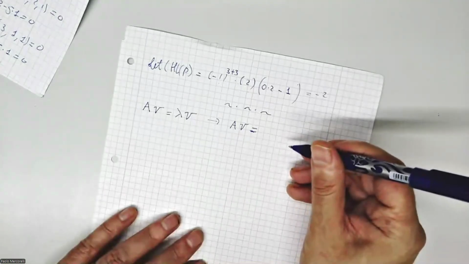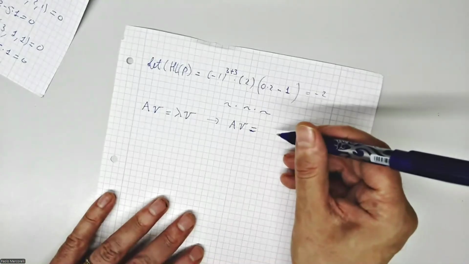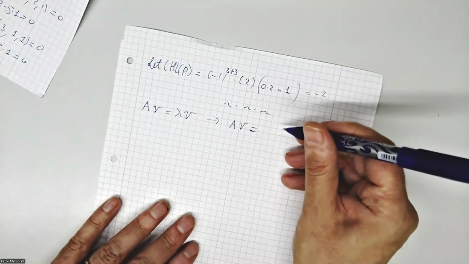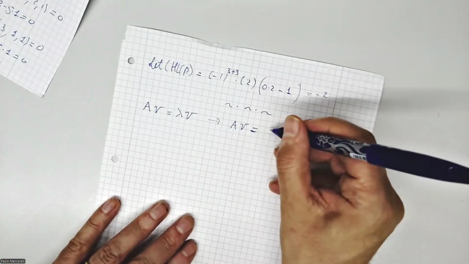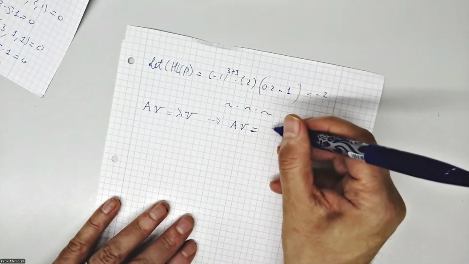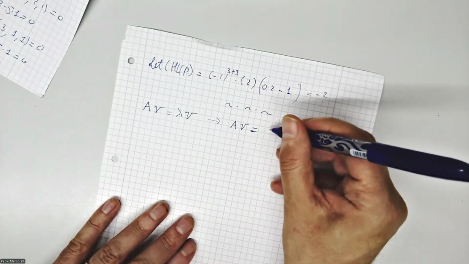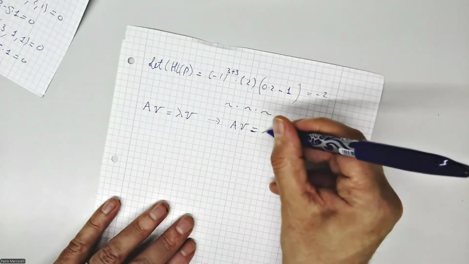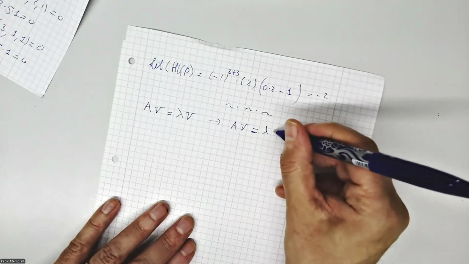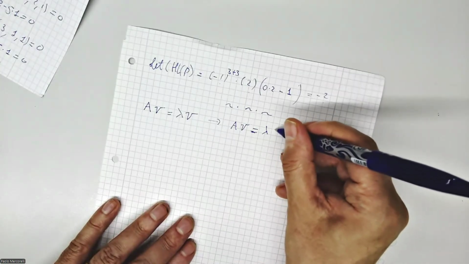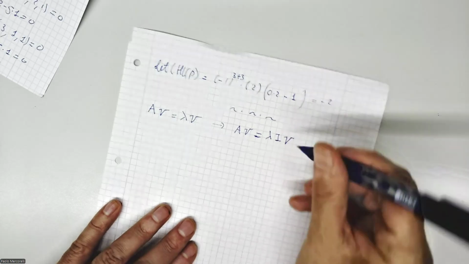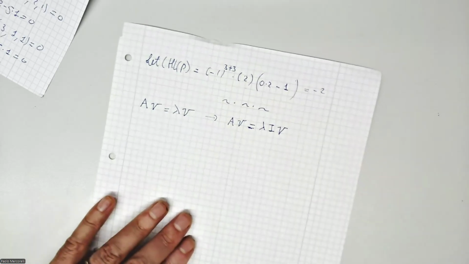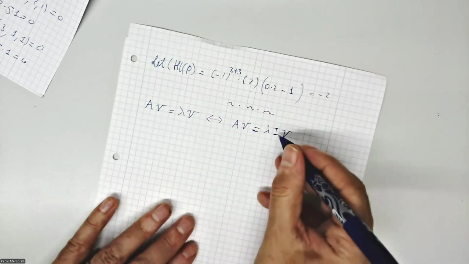Let me write something like that. Why can I write this sentence here?